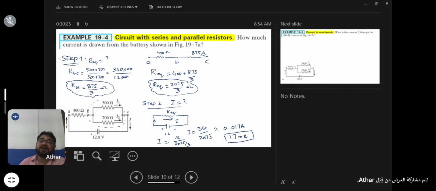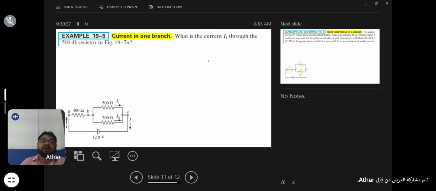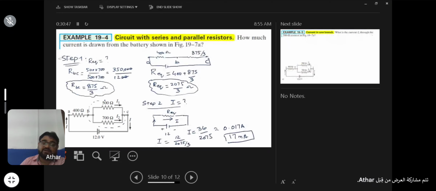So for voltage, I will go to this second figure to know the potential across VAB and VBC. So first thing first, I am going to find VAB and VBC. What is VAB?